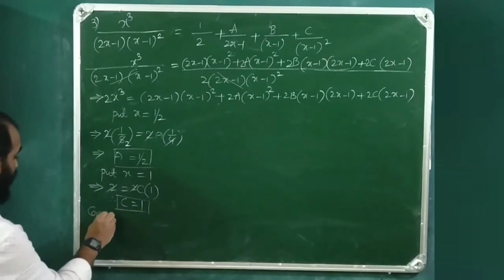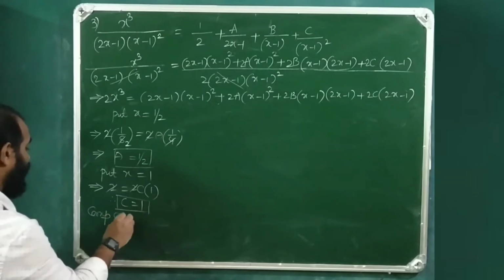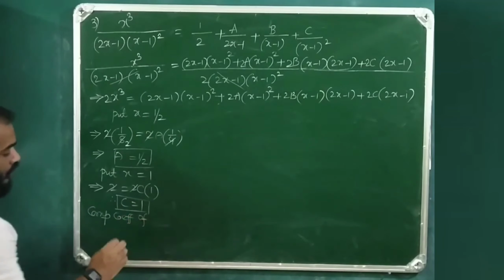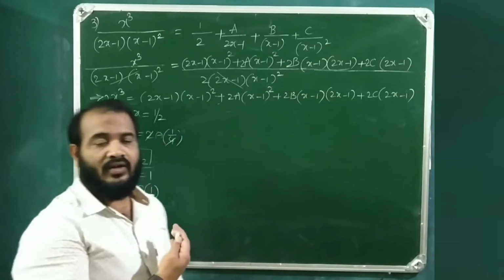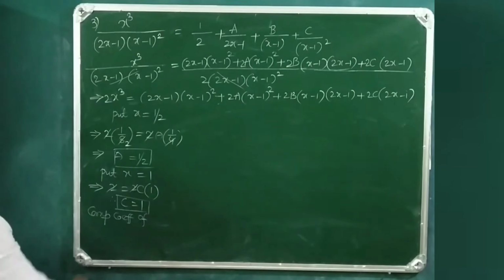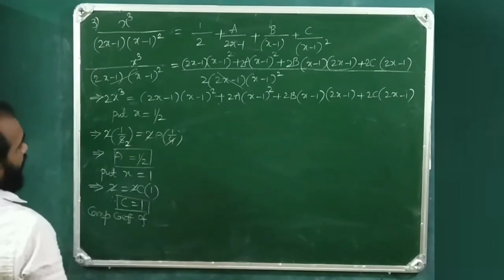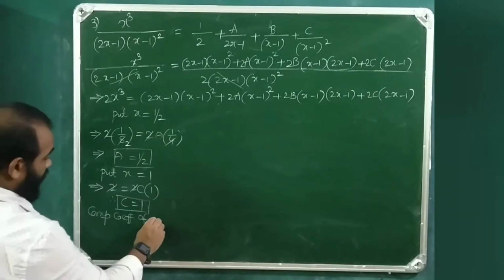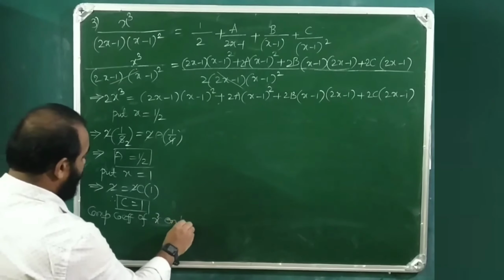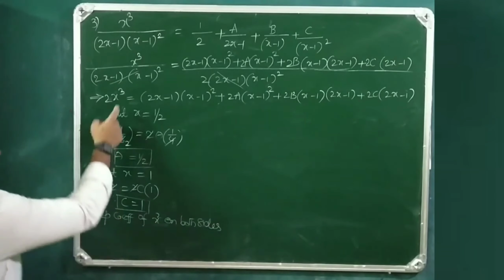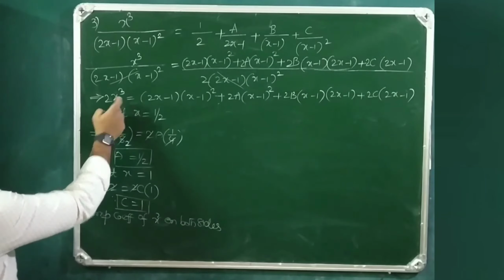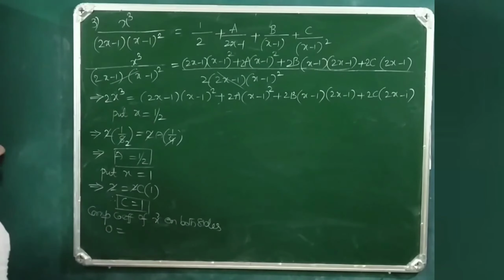Comparing coefficients, you may compare the coefficient of x square, x cube, x or constant on both the sides. So, comparing coefficients of x square on both sides. So here we don't have any x square coefficient, 0 is equal to.